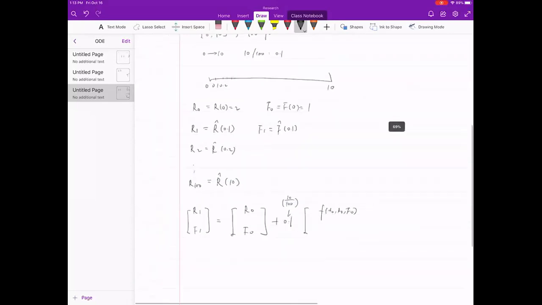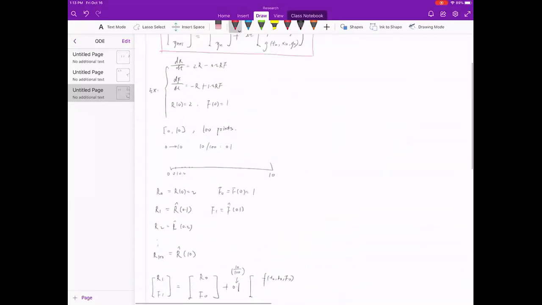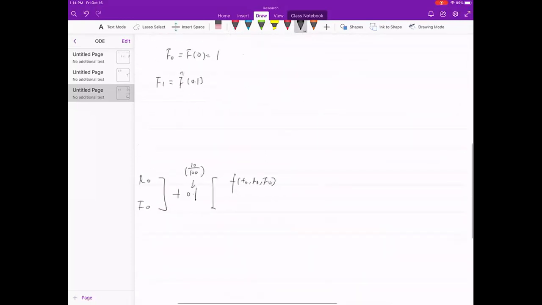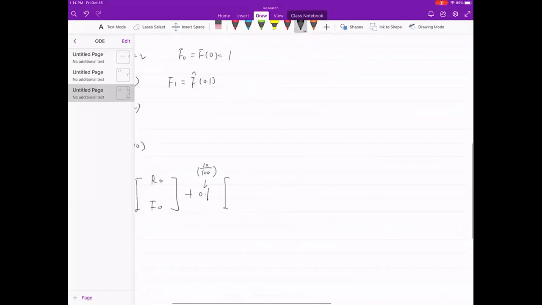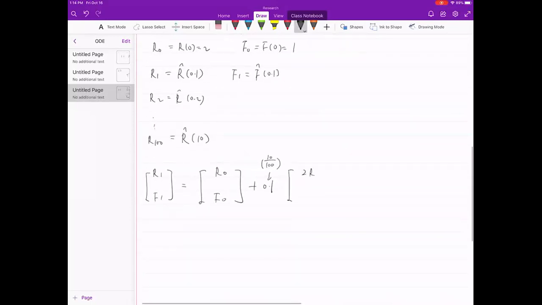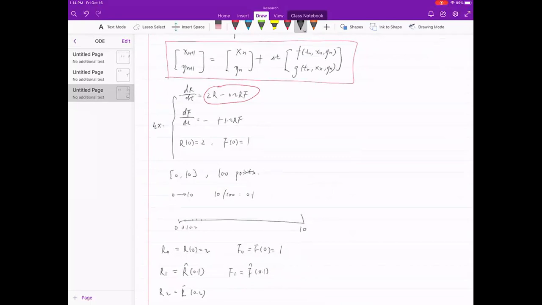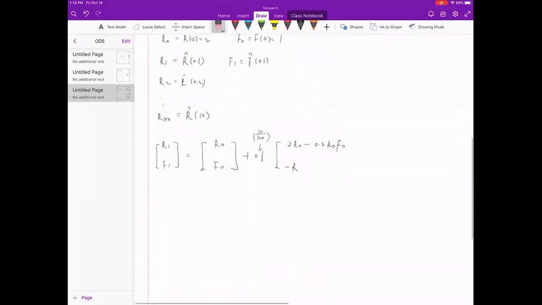What is your f? Your f is just the first equation. So 2 R0 minus 0.2 R0 F0 minus, what did I do? I should use R here, F here. Okay, minus F0 plus 1.2 R0 F0.